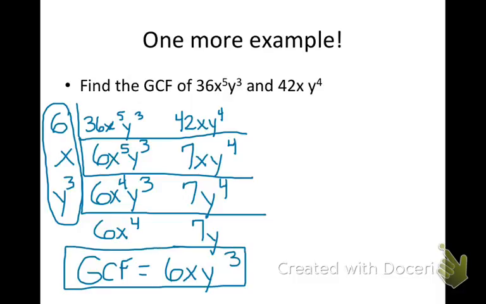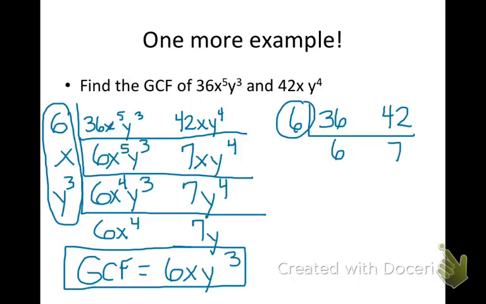Okay. Now, just as he did in the video, we could look just at the numbers. Sometimes that makes it a little easier to see. Again, we could still divide by 6, get 6 and 7, and there's our GCF. And I'm going to give you another way of looking at the variables.